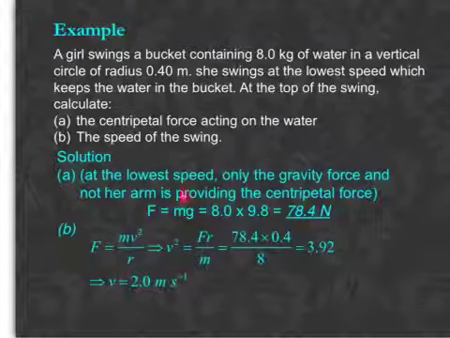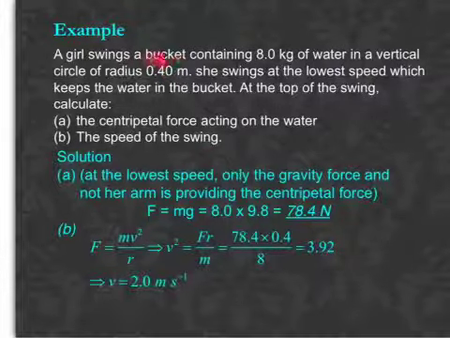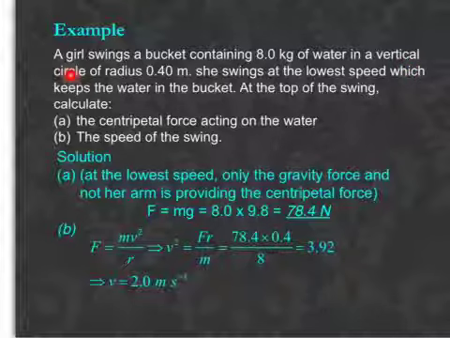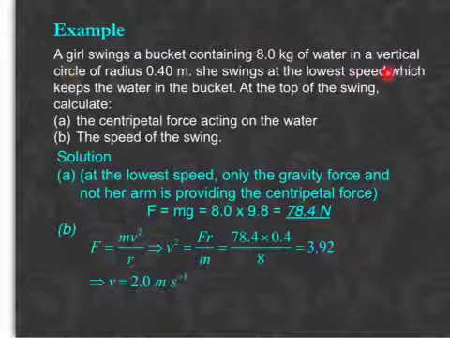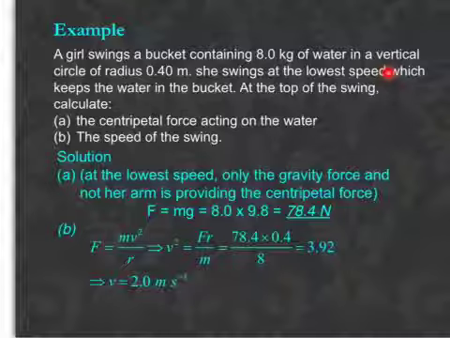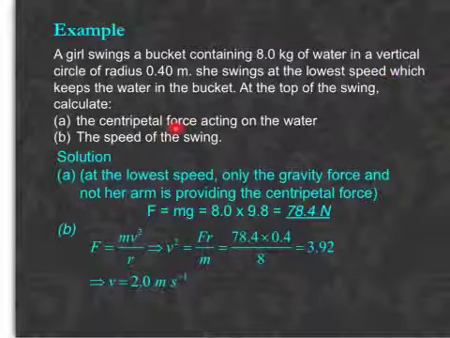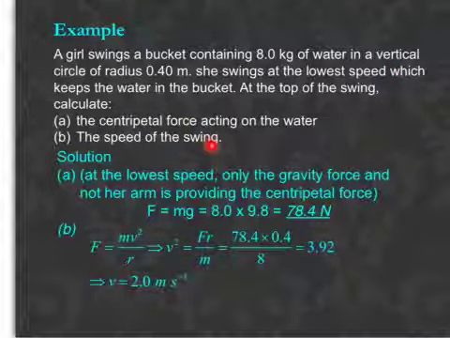Here is a worked example where a girl swings a bucket of water in a vertical circle, and she swings it at the lowest speed. In other words, at the top of the swing, she's not pulling on the bucket at all, not applying any force, and just lets the weight of the bucket provide the centripetal force. And you have to work out the centripetal force and the speed of the swing.